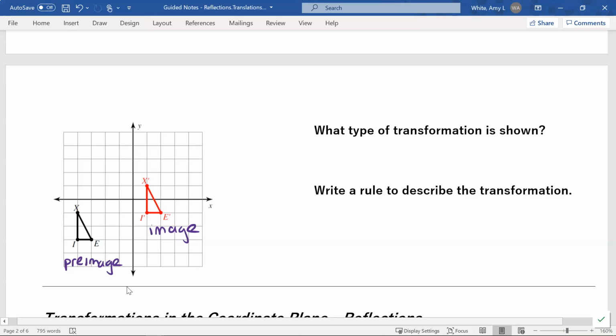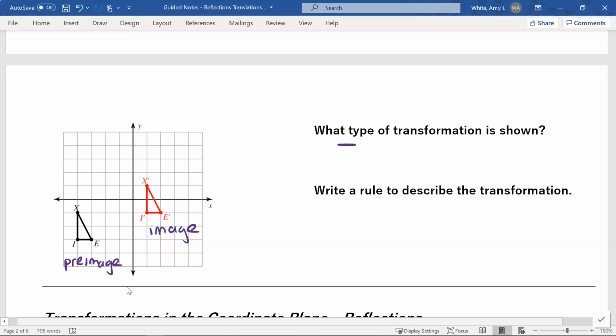I know that because this one has the apostrophes, so those are my prime labels, which tells me that it is the new one. This is important because translations do have a direction. Going to the right versus going to the left is different. So you would end up with an incorrect answer if you started at the red triangle and went to the black one.